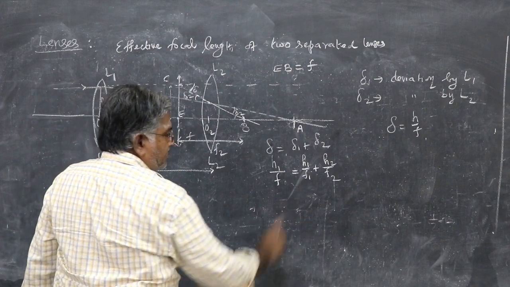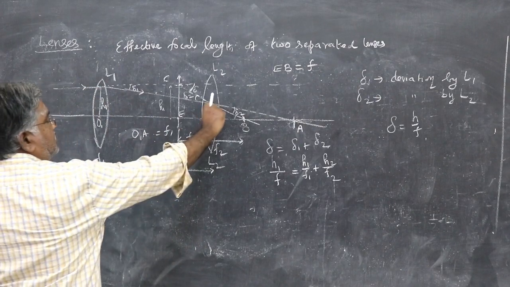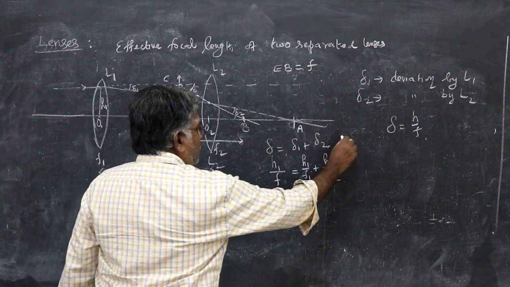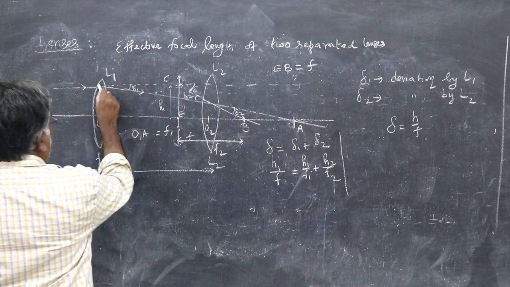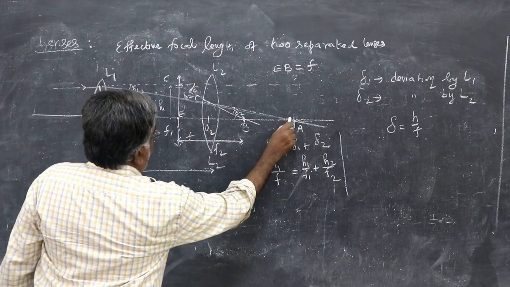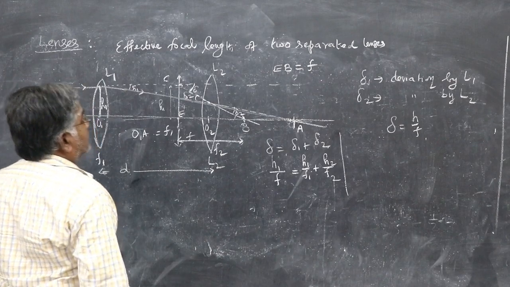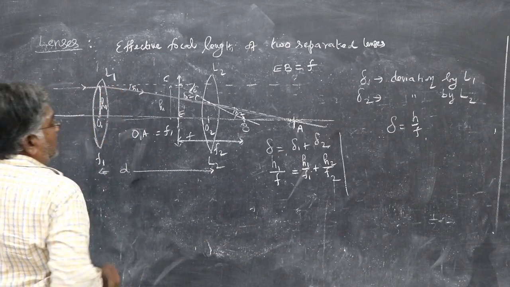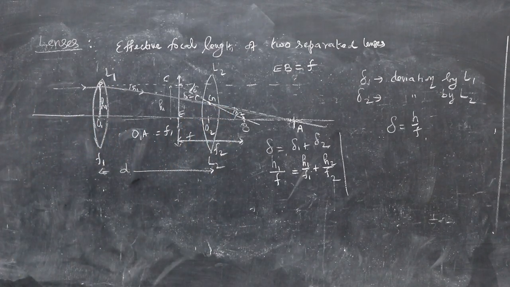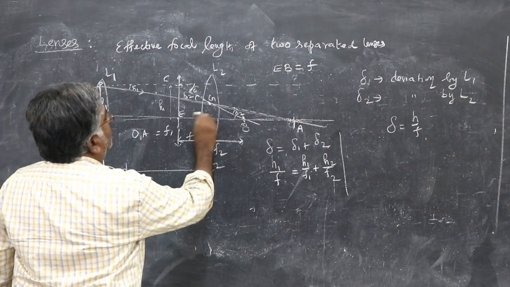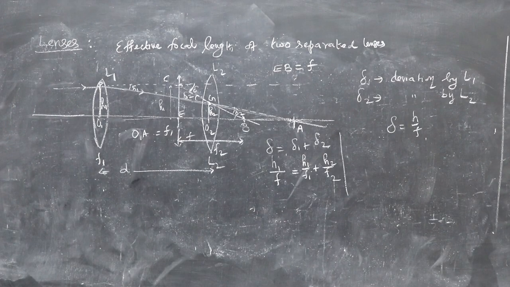Now we can see in this picture, h1 is this that we know, h2 is this distance. Here we can use properties of similar triangles. Consider this triangle. There are two similar triangles. I call this F, call this G. This is h2 by f2.